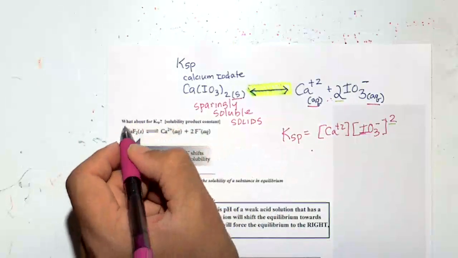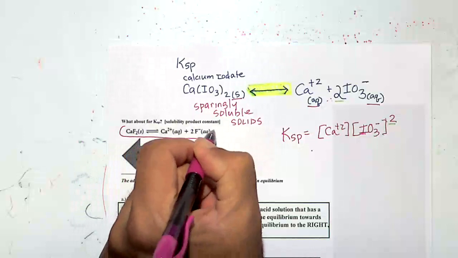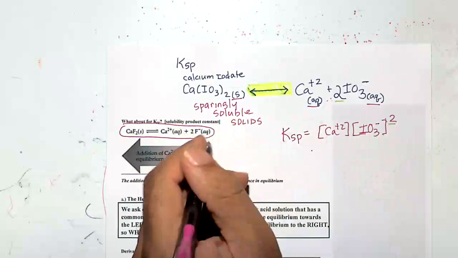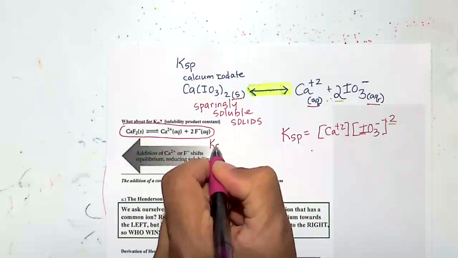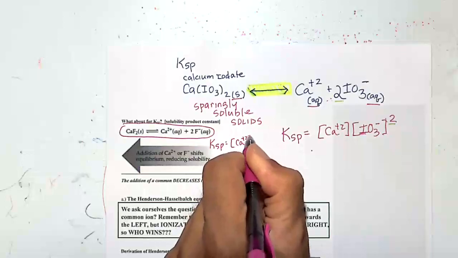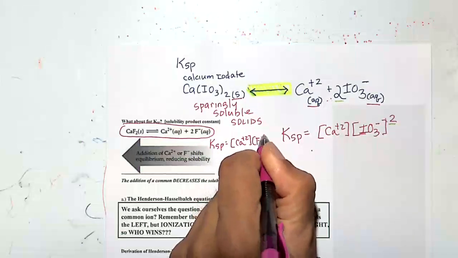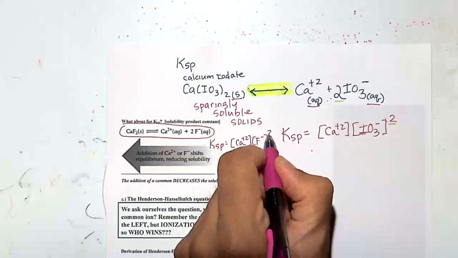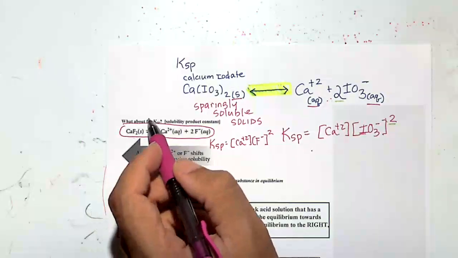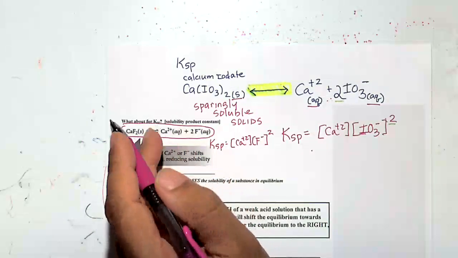All right, here's another one. Calcium fluoride is in an equilibrium with calcium ions and fluoride ions. What's the Ksp for this? F minus squared, good. Divided by calcium fluoride? No, because it's a solid. Good job.